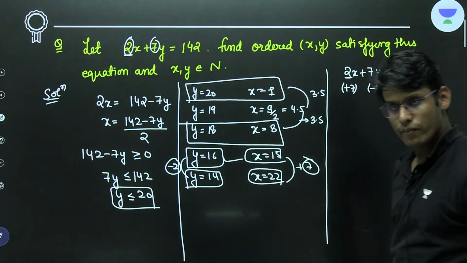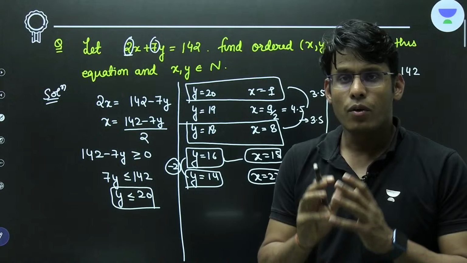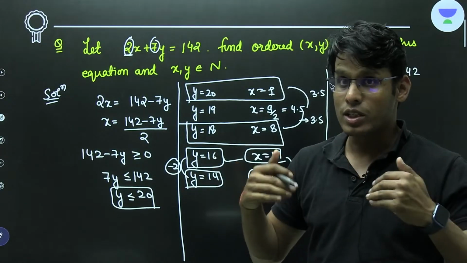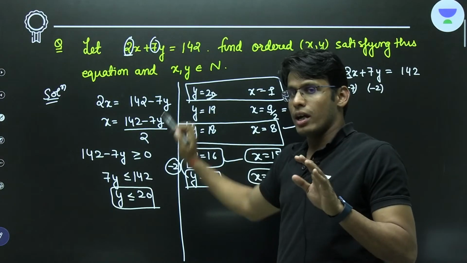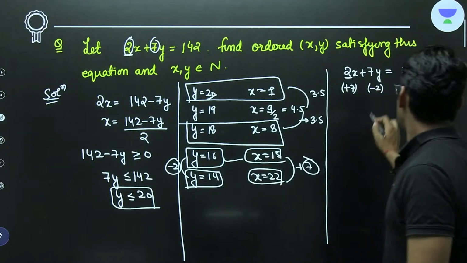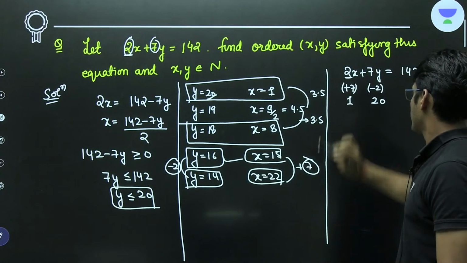This is one. Now, keep y as big as possible. This will come with hit and try. This is the biggest y you can have, right? We got this from the equation, 20. And correspondingly, the x will be 1.